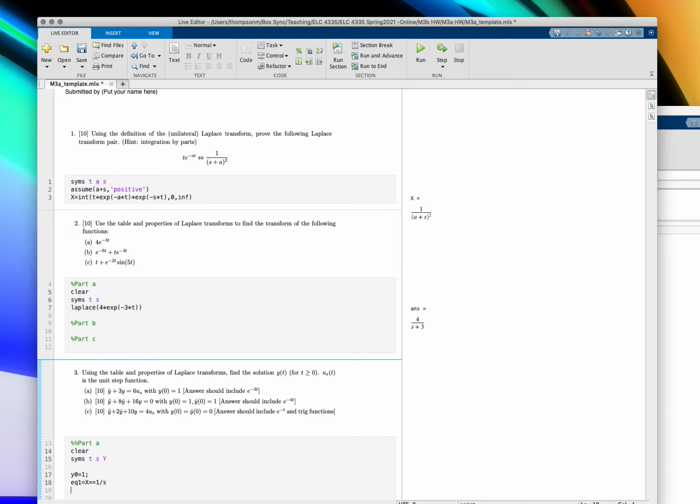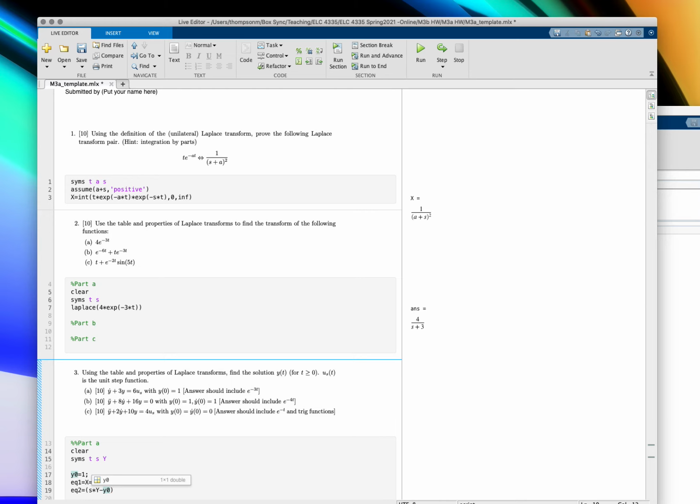From there, I can write a second equation. All right. So I'm making this systematic so that you can apply this across different types of problems. So my second equation is I take the Laplace transform of y dot. Okay, so that would be s times capital Y minus the initial condition.